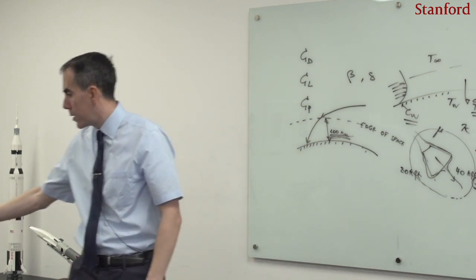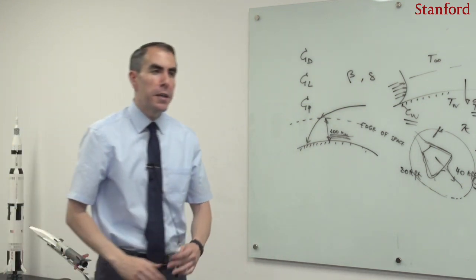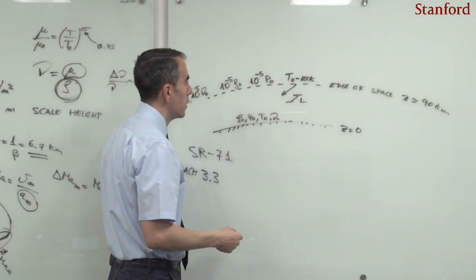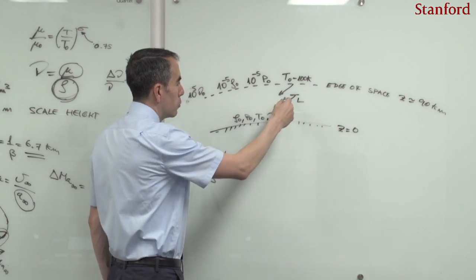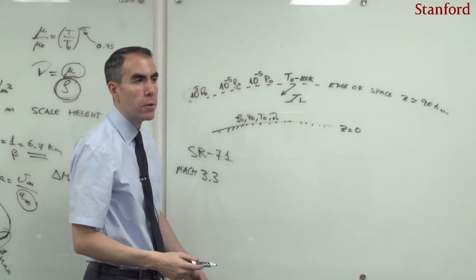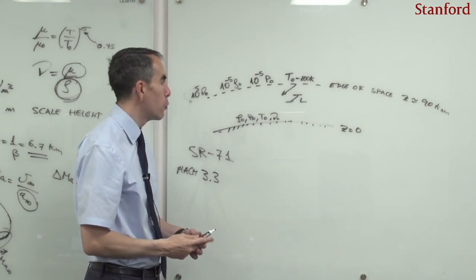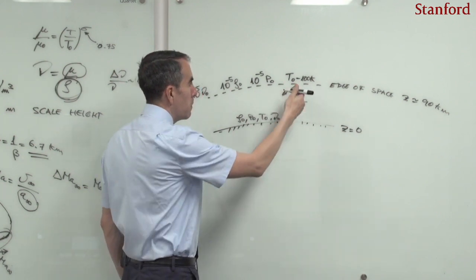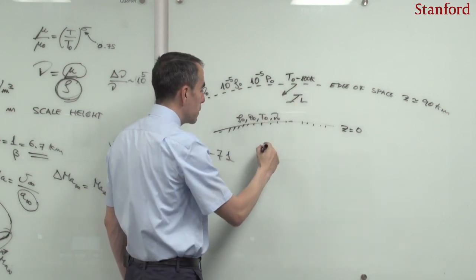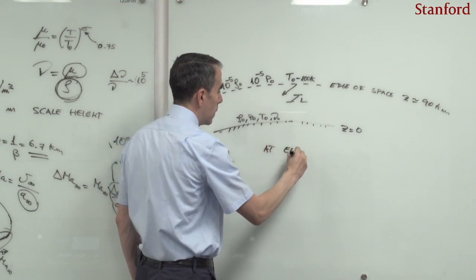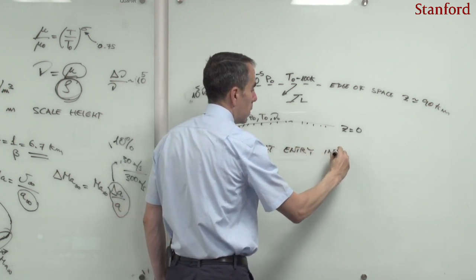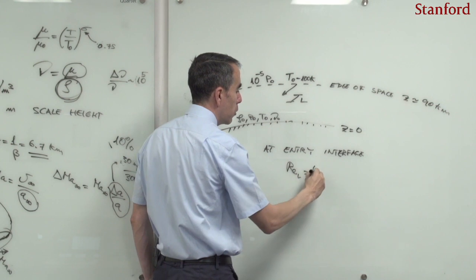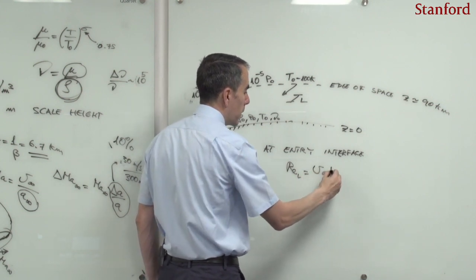But, in the realm of simplifying the discussion, one can always assign a characteristic Reynolds number to the system and try to obtain some first order conclusions of what will happen. So for instance, if I define here the Reynolds number, let's say at the entry interface, the Reynolds number based on L will be U infinity multiplied by L and divided by nu.